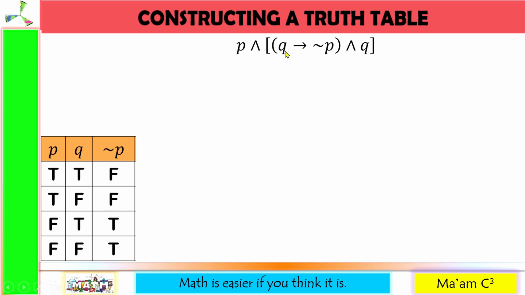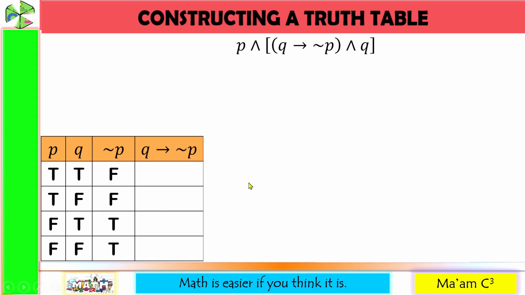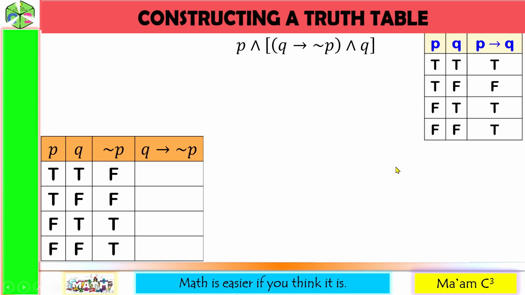Now, we are going to add a column for Q implies not P. We're going to recall our truth table for implication. For implication, it is only false when a true hypothesis is followed by a false conclusion. Otherwise, the implication is true.